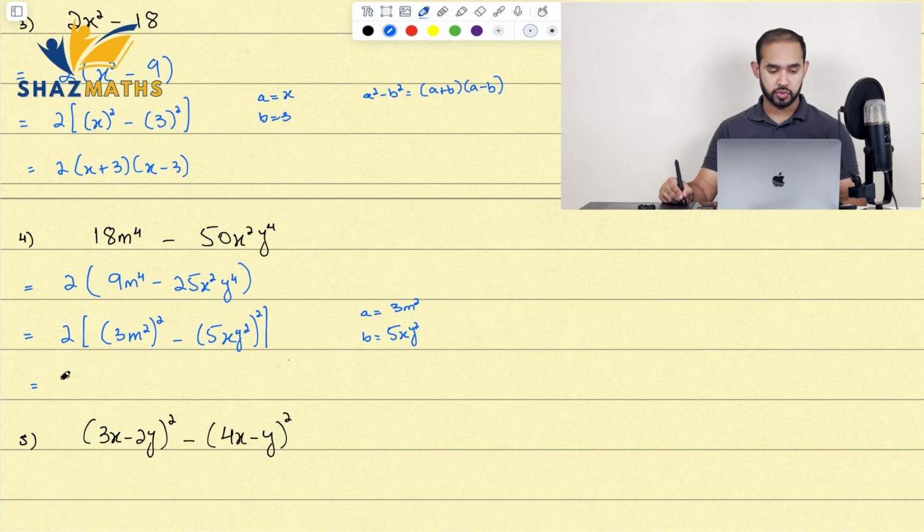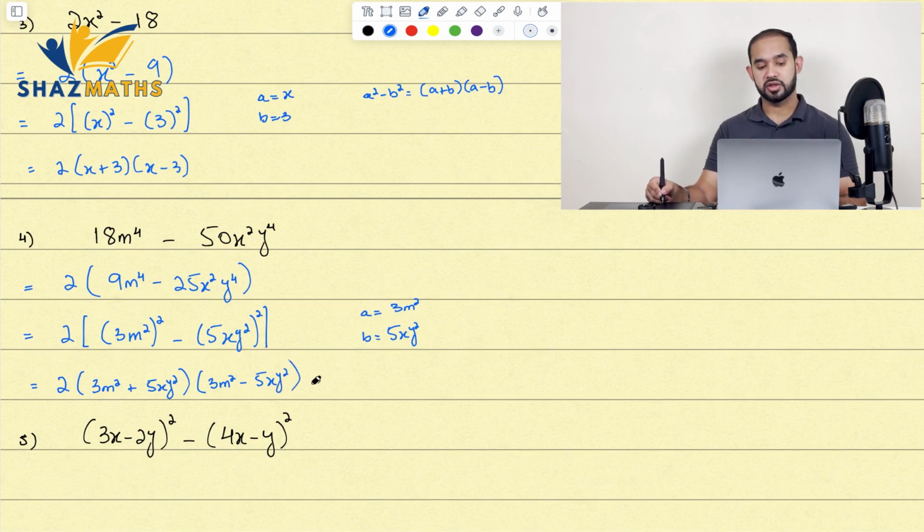So the final answer would be 2 times a, that is 3m square, plus 5xy square, and then a minus b, that means 3m square minus 5xy square. And that is the final answer.